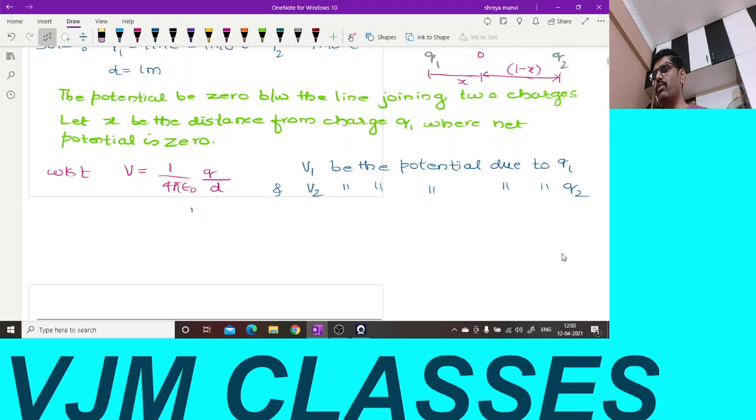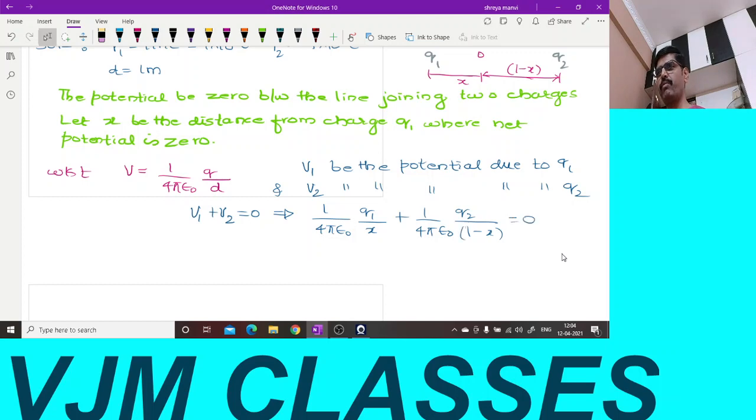Net potential should be 0, therefore V1 plus V2 must be 0. So I can write 1 by 4 pi epsilon naught Q1 by x plus 1 by 4 pi epsilon naught Q2 by 1 minus x must be 0.